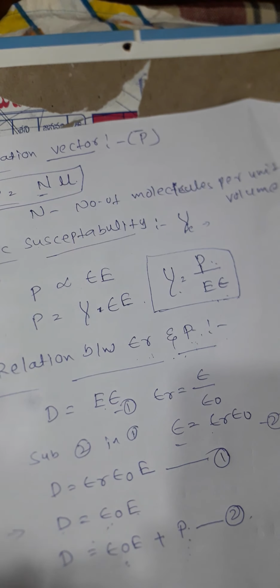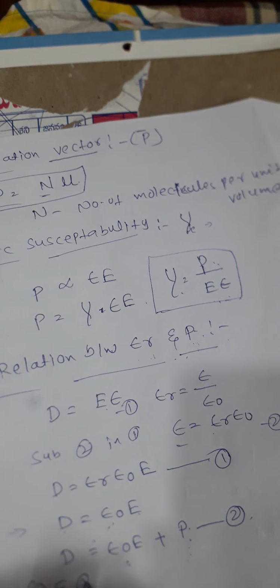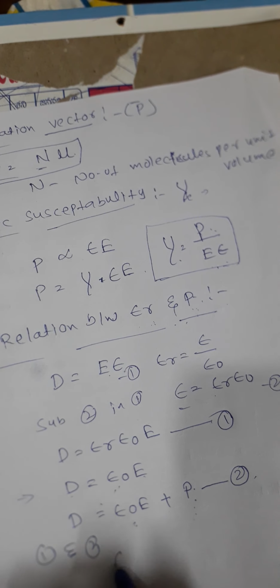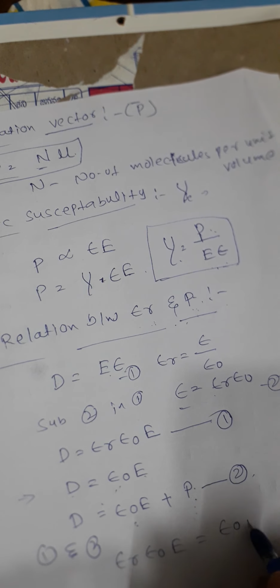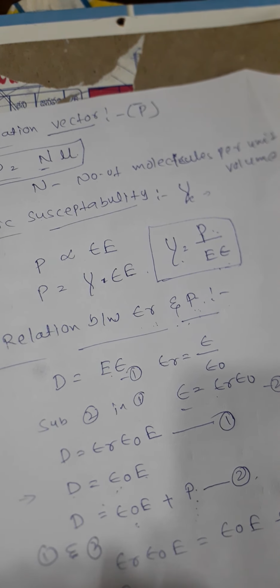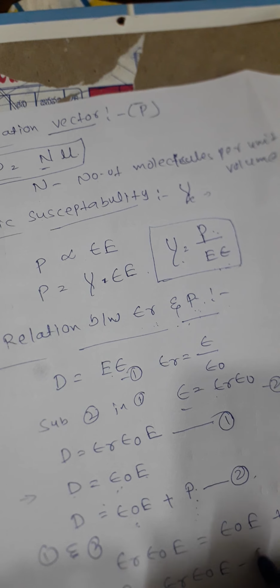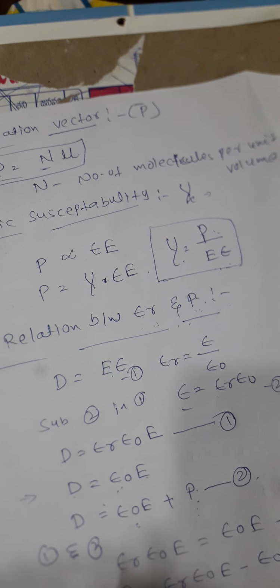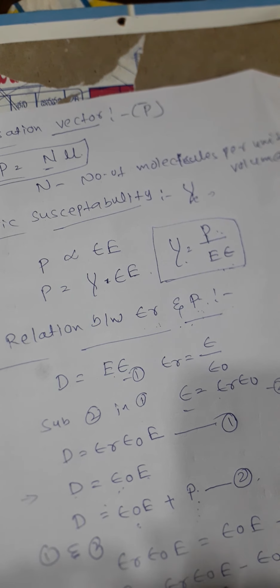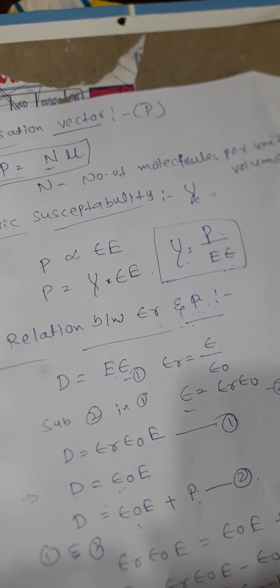Now from 1 and 2, the left hand sides are equal, so we equate the right hand sides. Epsilon r epsilon naught into E equals epsilon naught E plus P. Now P comes to the left side: P equals epsilon r epsilon naught into E minus epsilon naught into E. Epsilon naught E is common, so P equals epsilon naught E into epsilon r minus 1.